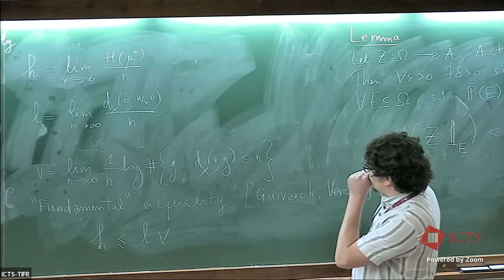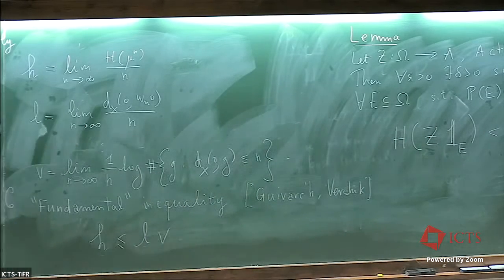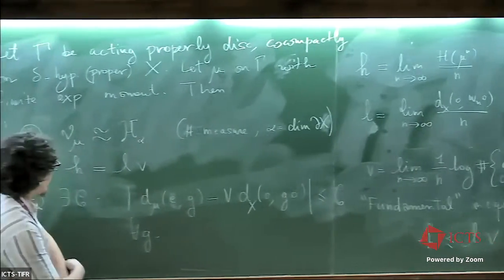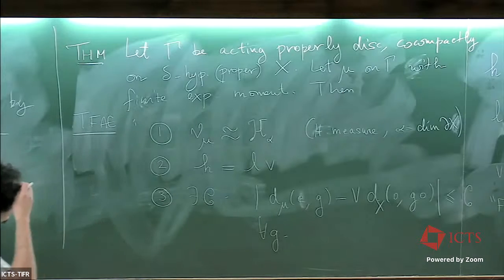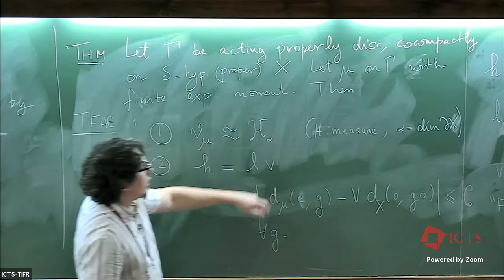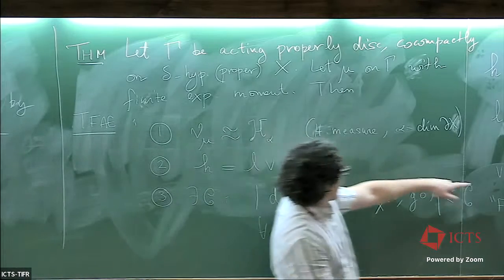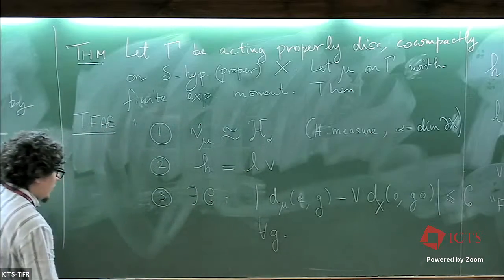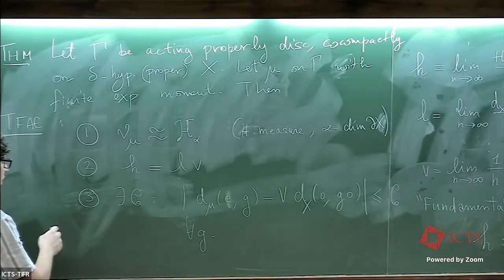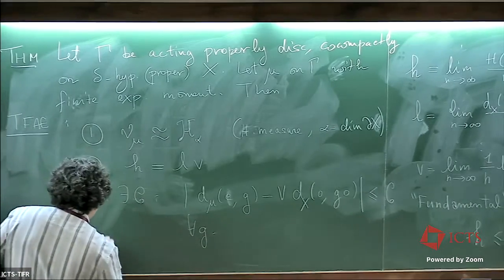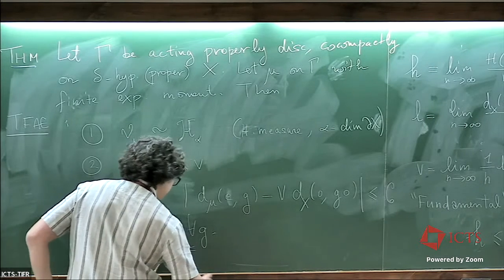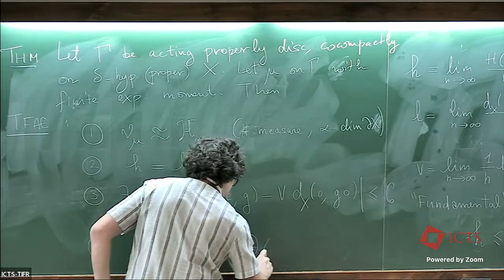In this situation, when you have a co-compact action, it turns out that V is related to the topological dimension of the boundary, and the Hausdorff dimension of the measure is H over L. So the same thing you could say is that the dimension of nu mu equals the dimension of the boundary.